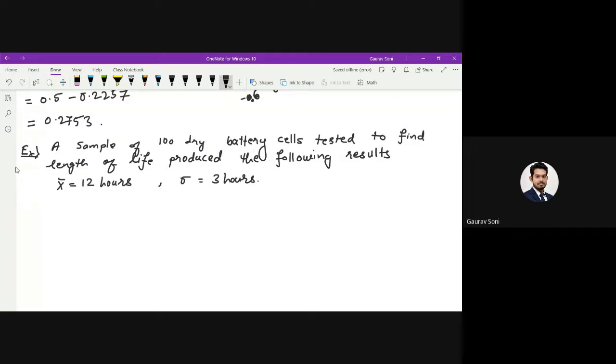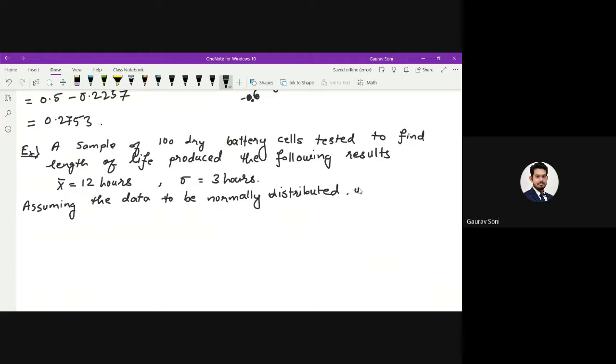Assuming the data to be normally distributed, what percentage of battery cells are expected to have life?